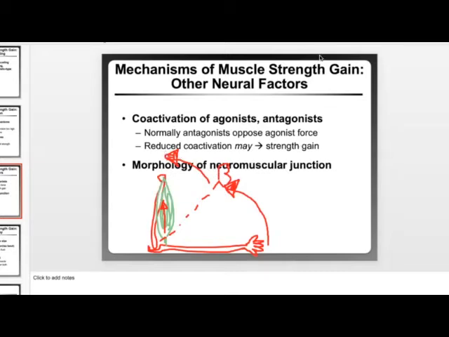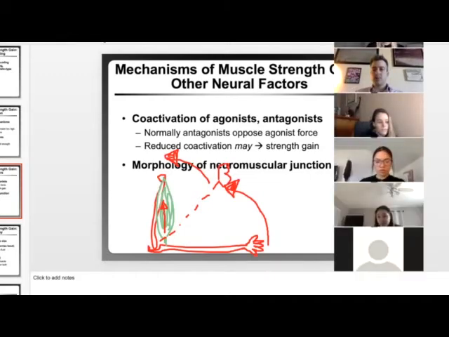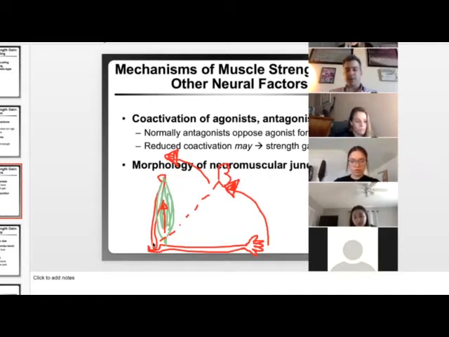What's the brake pedal, Aubrey, in that particular activity? Would it be the tendon, the bicep tendon? Okay, it could be the bicep tendon. It could also be the ligaments in the elbow here. But remember, let's think of your muscles as the gas pedal, and they also act as the brake pedal.